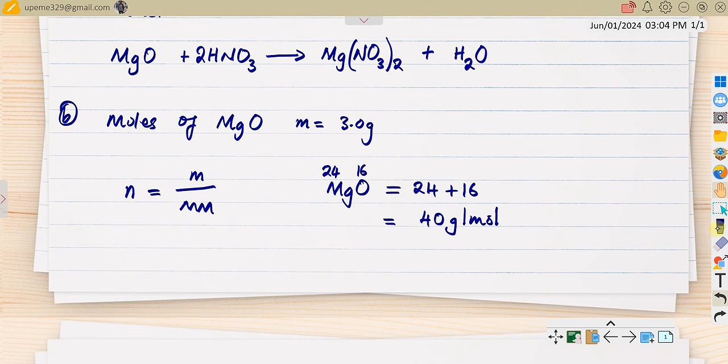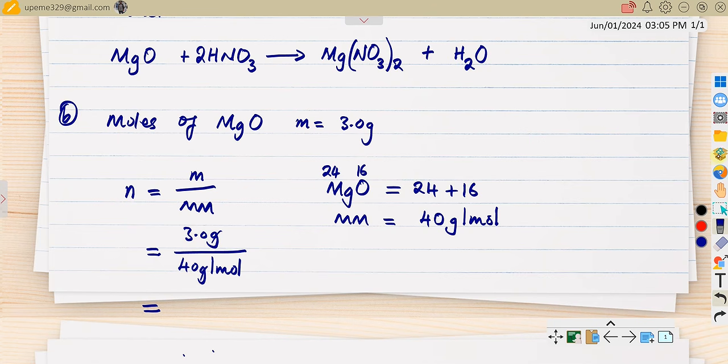Now that we know the molar mass of magnesium oxide, and we know the mass, we can substitute into this equation. Where there is mass, we put 3.0 grams over, where there is molar mass, we put 40 grams per mole, so that this gram and this gram can cancel. Then we divide 3.0 by 40.